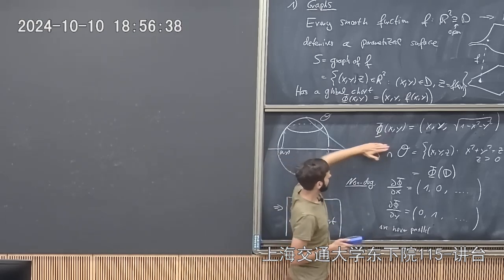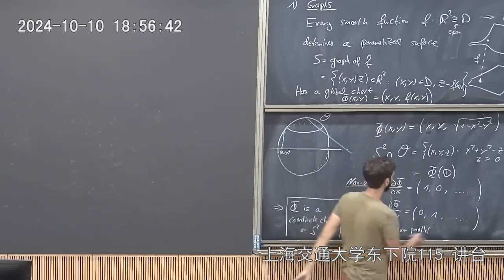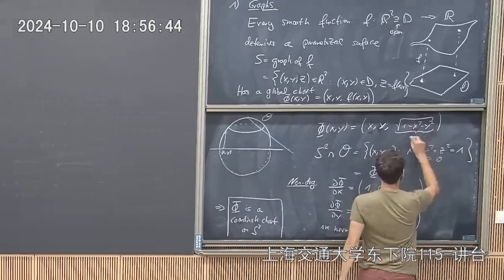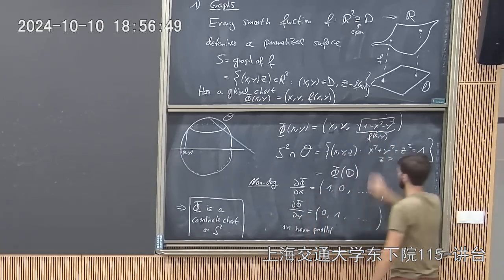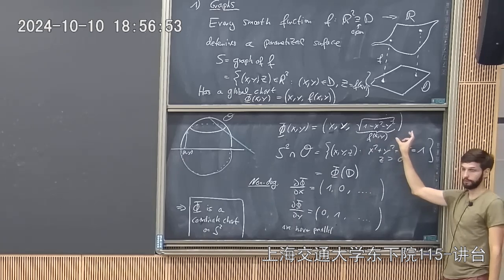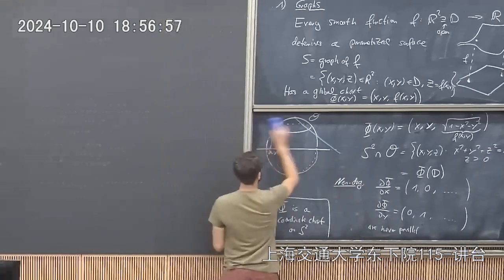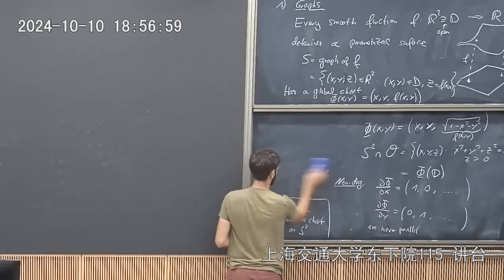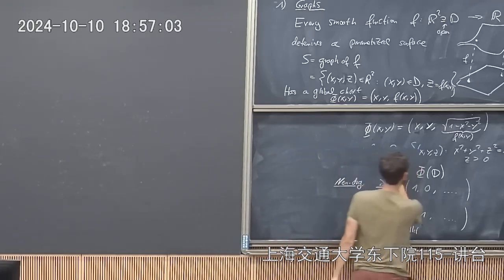This map that I defined here is exactly of this form, where this one now is f of x and y. So the function here is just taking one and then subtracting x squared and y squared. So the proof of the non-degeneracy is also exactly the same.